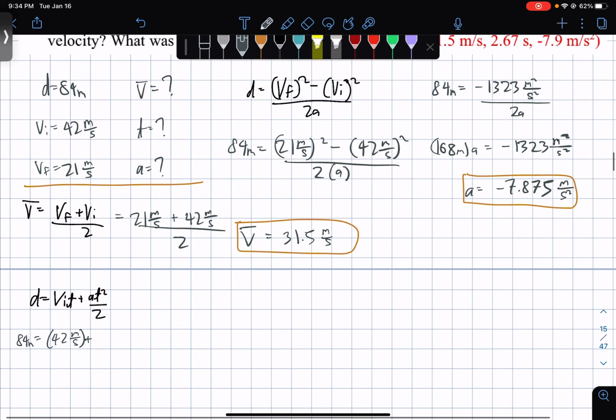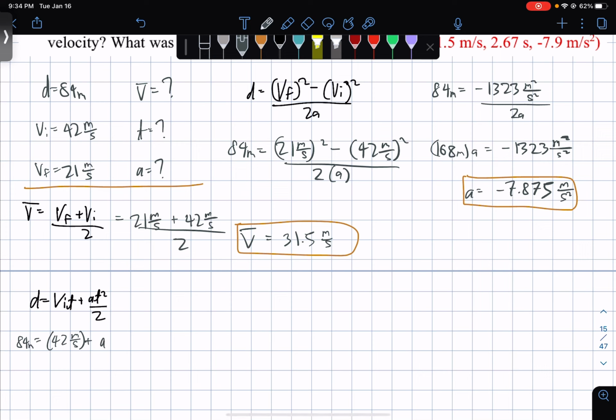Acceleration is, let's just write A. Acceleration is already found. Time is missing. Divided by 2.